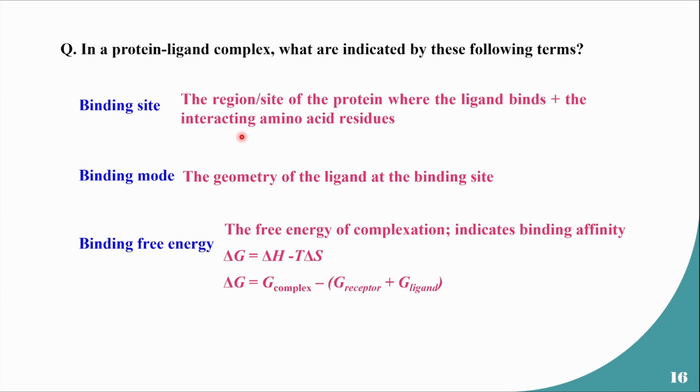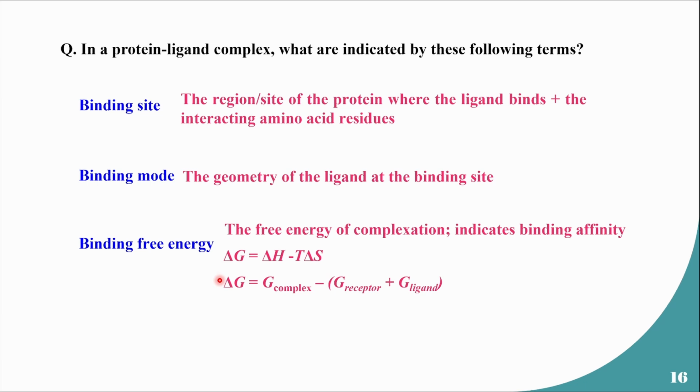If you subtract the initial energy, which is the individual contributions by the receptor and the ligand, from the final energy, which is the complex's energy, you will get a delta G. So delta G is the change in energy, and that will be the binding free energy we are talking about here.